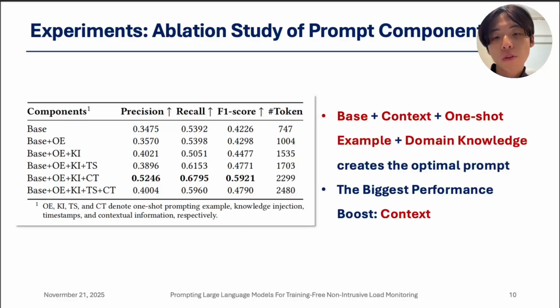The biggest performance boost is the context. Yeah, that's the most important information. And we finally found that the basic prompt plus the contextual information plus the one-shot example and plus the domain knowledge creates the optimal prompt. So we finally use it. Yeah.